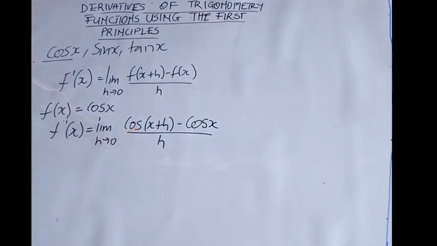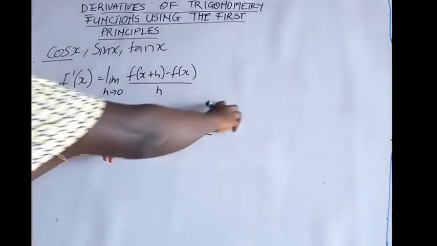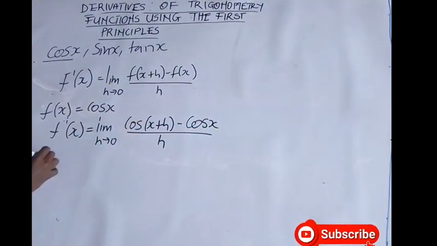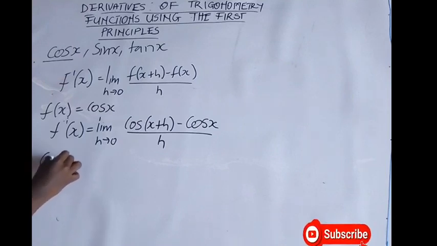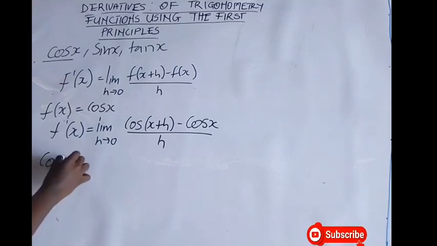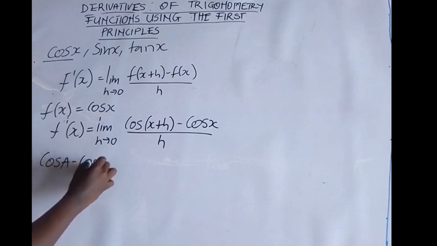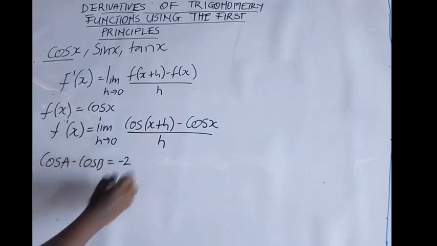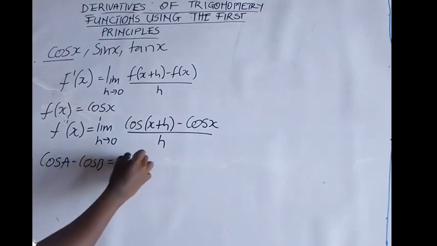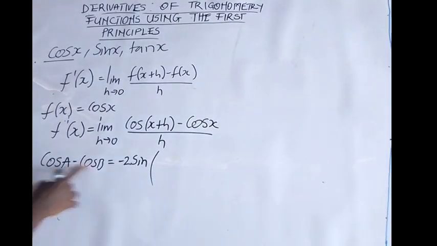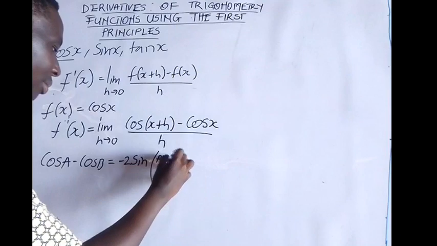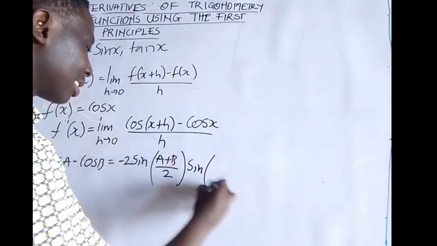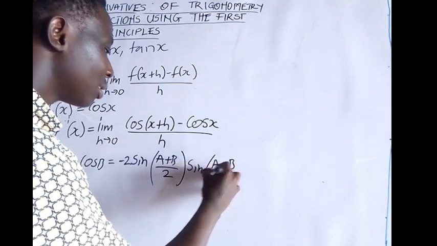We're having this, and then we're having some trigonometric identities for cos, which says that cos A minus cos B is equal to minus 2 sine of A plus B over 2 sine of A minus B over 2.